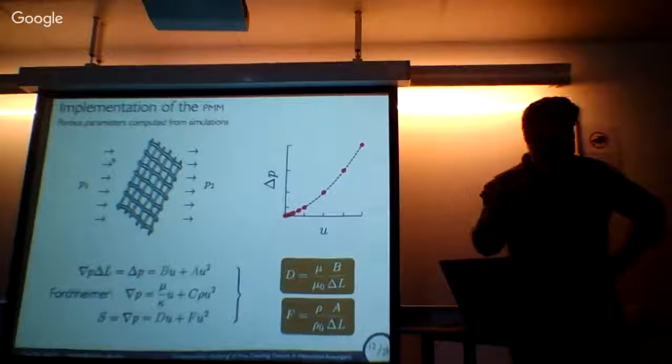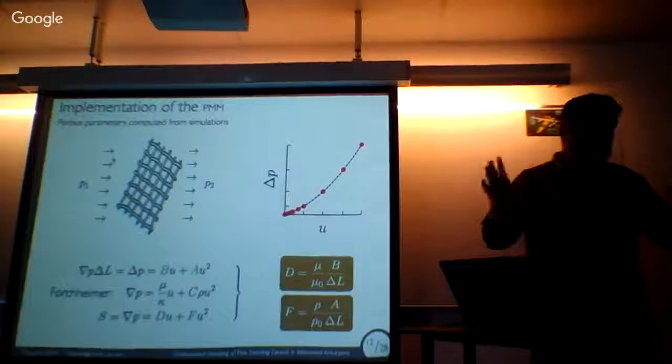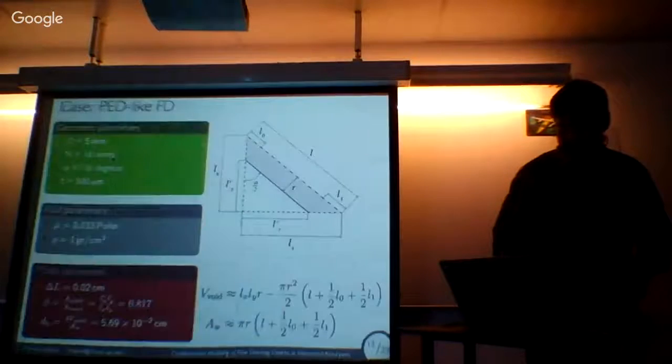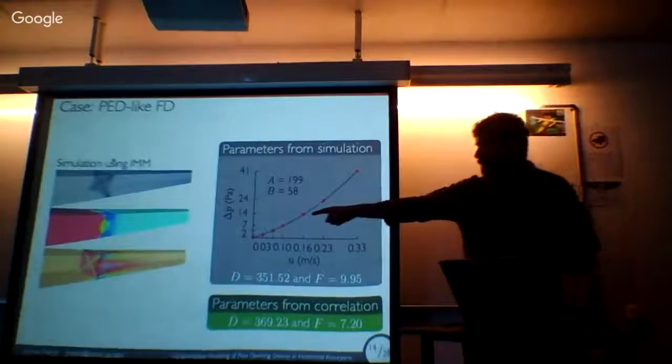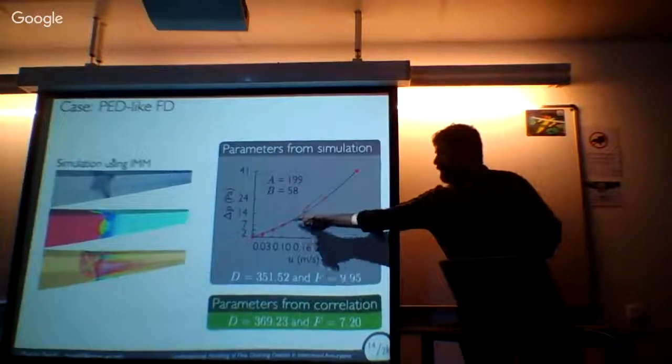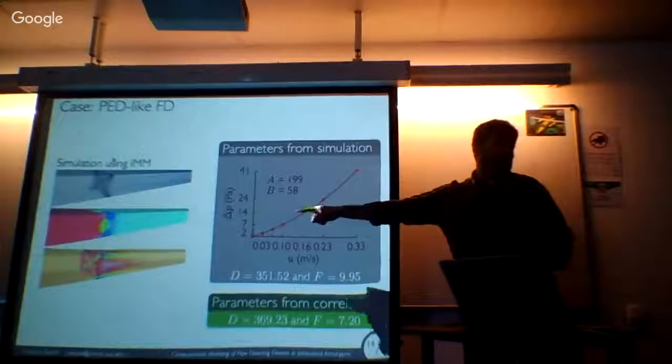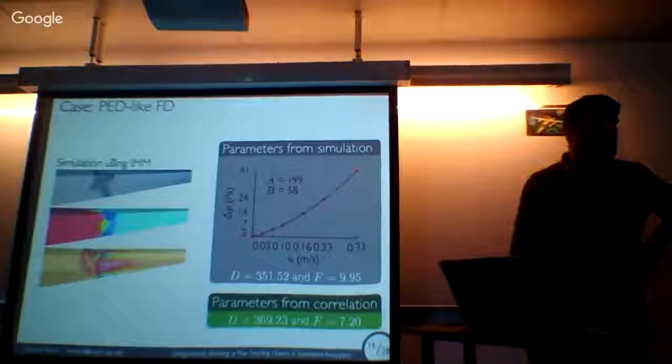Yes, yes, yes. You can simulate any stent that you have, because you are doing the experiment and you are obtaining this curve for any geometry that you want to put there on the tube.